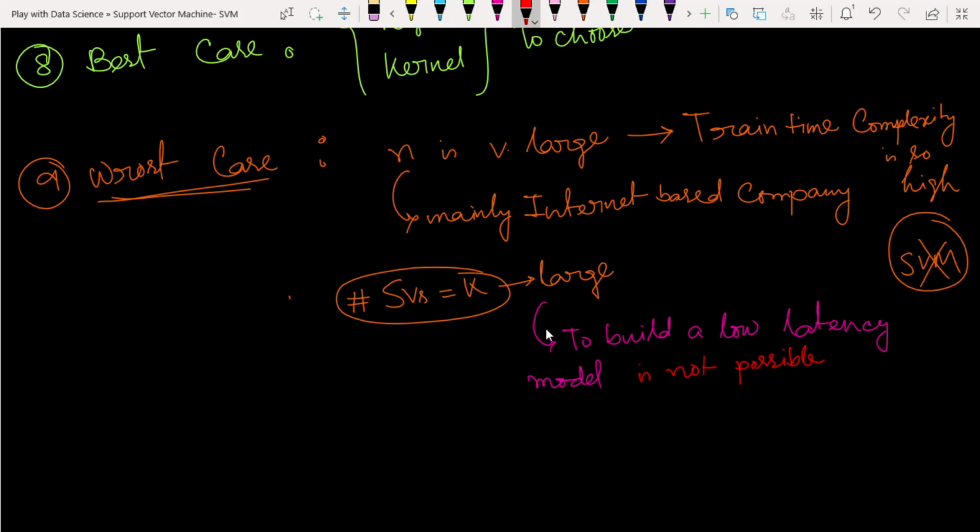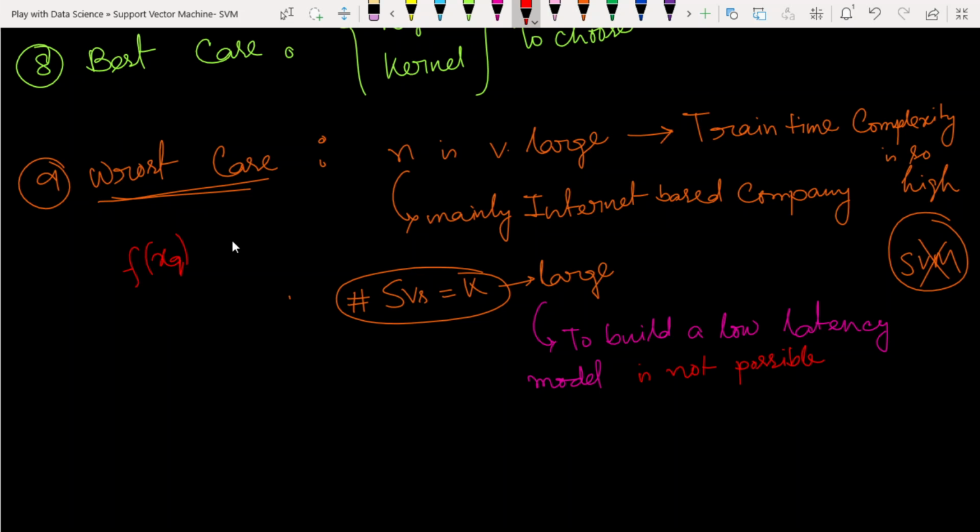At the end of the day, if we remember the dual problem, the query function that comes from the dual problem is totally dependent on our support vectors only.